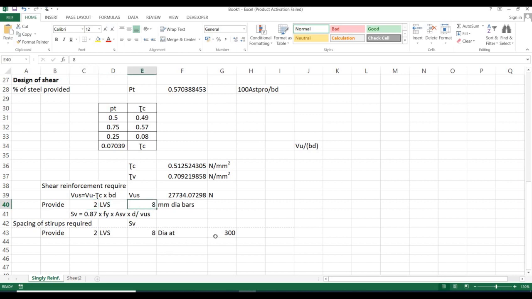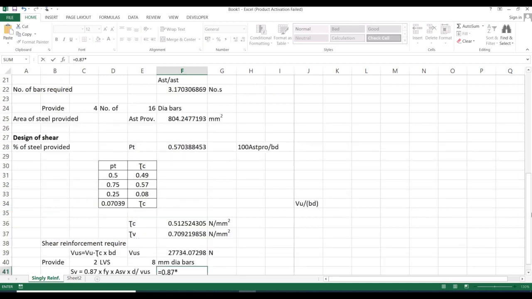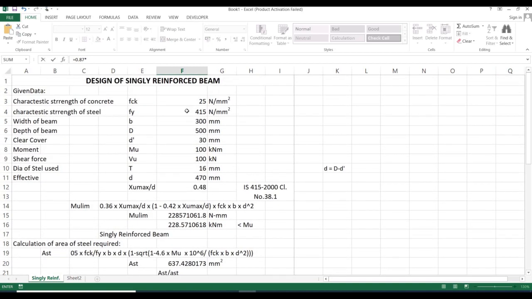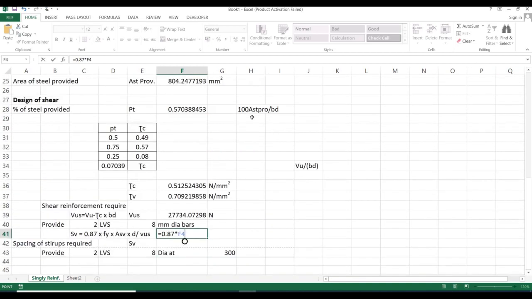So Sv equals 0.87 into my fy, which is 415, into bracket 2 into pi by 4 into bracket.